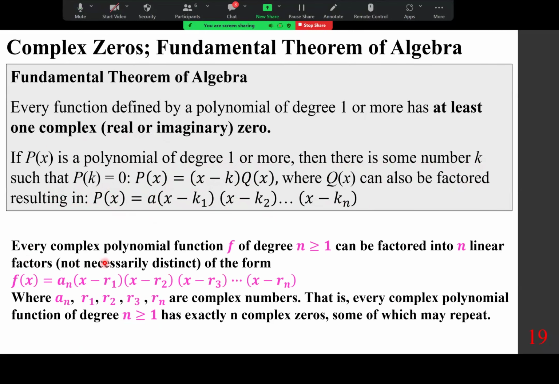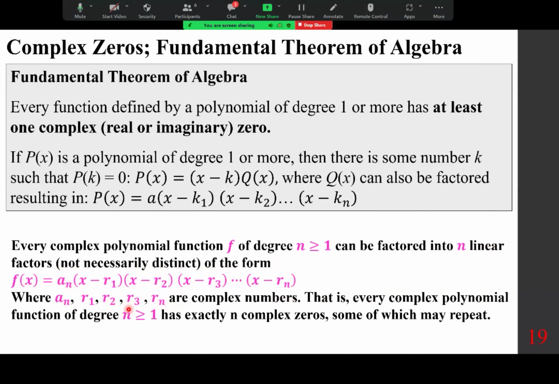For every complex polynomial function f of degree n larger than or equal to 1, we can factor it into n linear factors, not necessarily distinct, of the form f of x equals a sub n times x minus r1 times x minus r2 times x minus r3 all the way to x minus r sub n, where a sub n, r sub 1, r sub 2, r sub 3, r sub n are complex numbers.